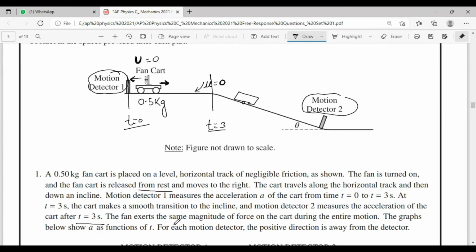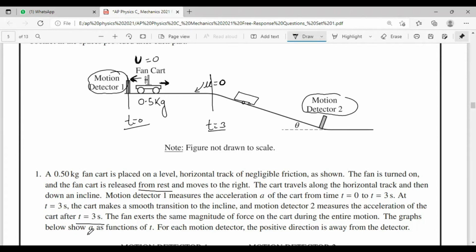The fan exerts the same magnitude of force on the cart during the entire motion. So the fan is exerting a constant force throughout both situations.